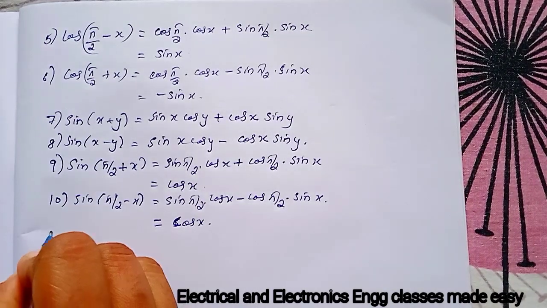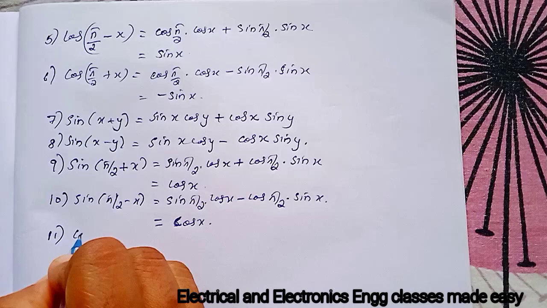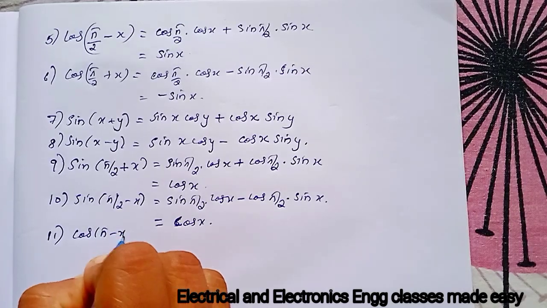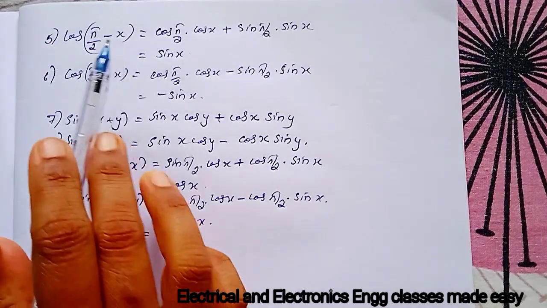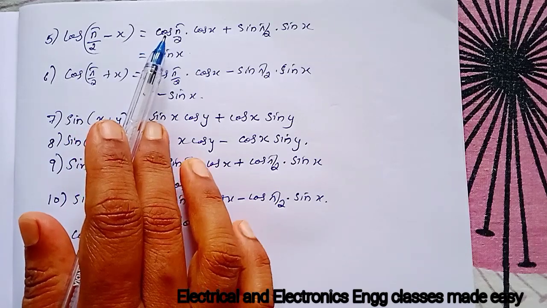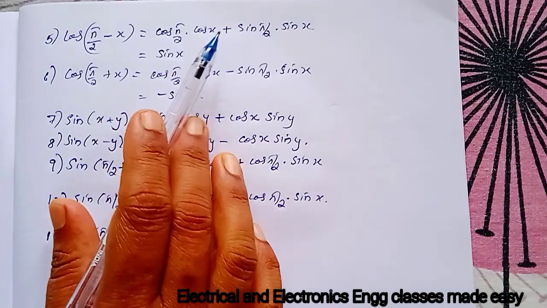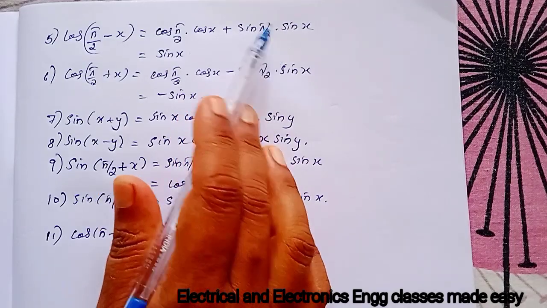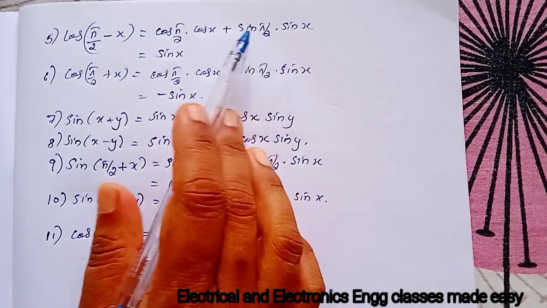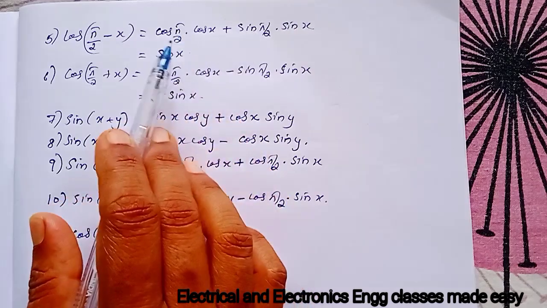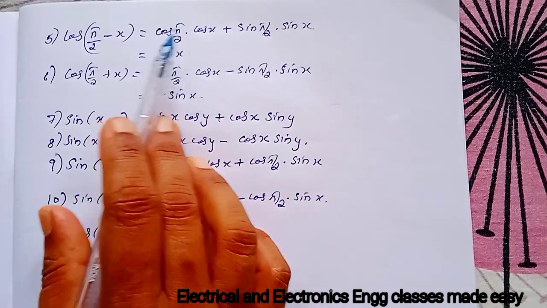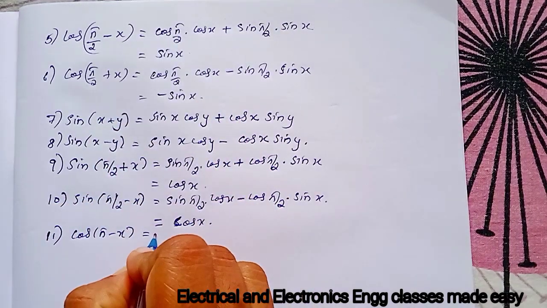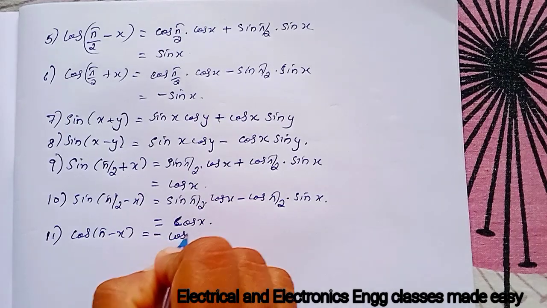Similarly, we can find cos pi minus x. So cos pi minus x is cos pi cos x plus sin pi sin x. So here sin pi is equal to 0 and cos pi is minus 1. So we will get minus cos x.